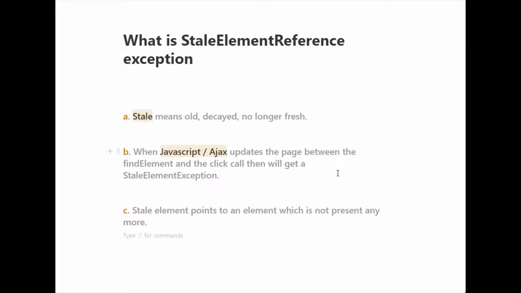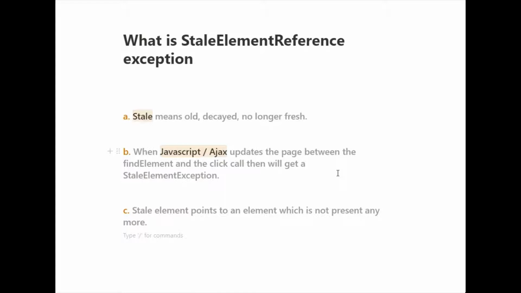There is one step when you're locating the element, and another when you're performing an action on it. If an Ajax call happens in between these two processes, then your element gets old and decayed. That's why it gives us stale element reference exception.